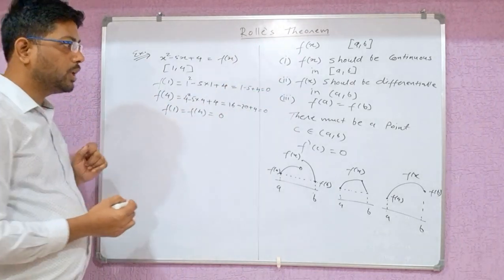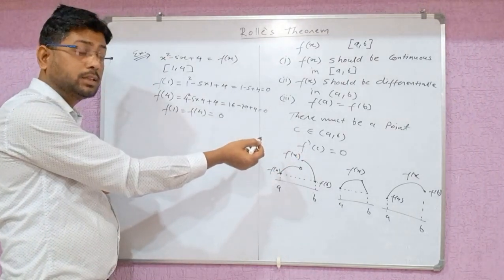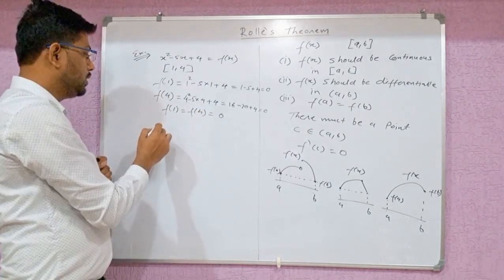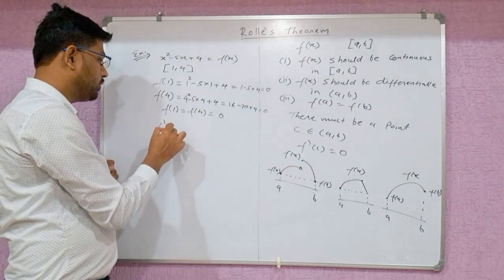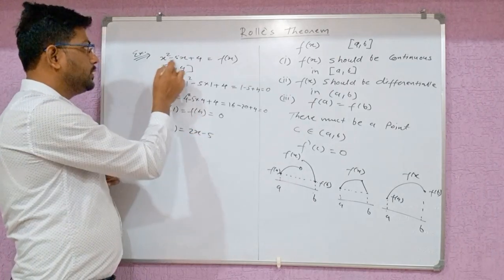So according to Rolle's theorem, there must be a point C. So let's check whether this point C is there in this interval 1 to 4 or not. So f dash of x will be 2x minus 5, that is the differentiation of this f(x).